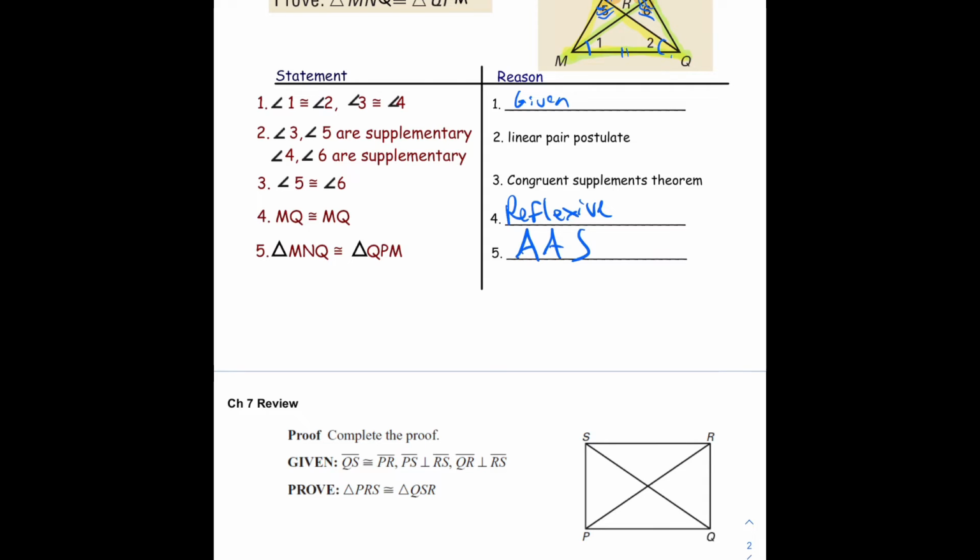The yellow triangle has angle, side, angle.